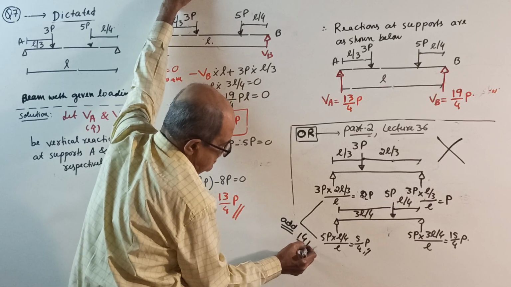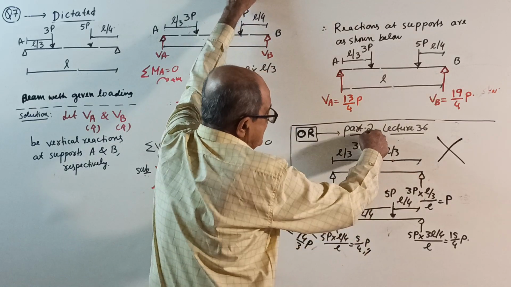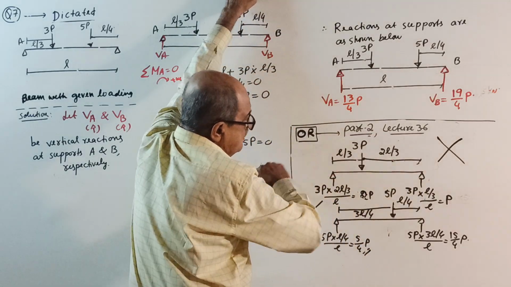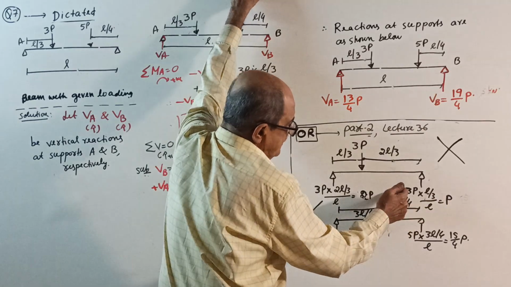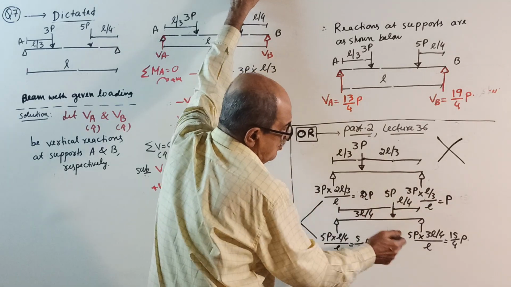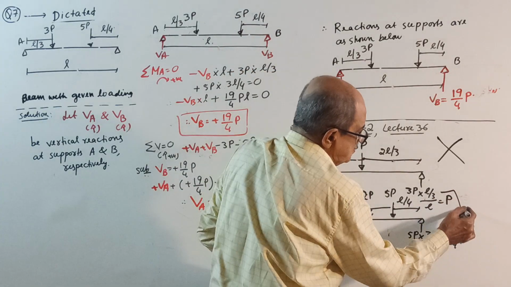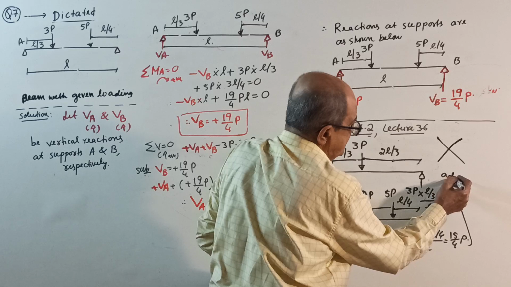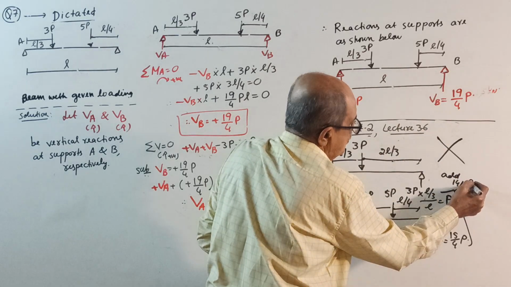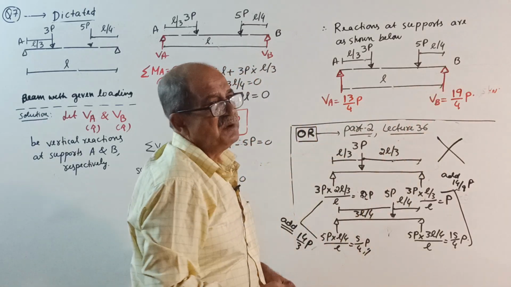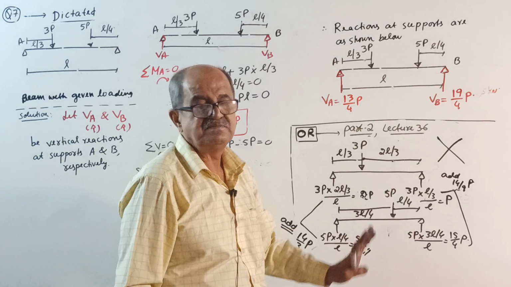Here, this reaction: 3P into other distance, L by 3 by L, that will come P only. Other is 5P into 3L by 4 by L will come 15 by 4P. Again add these two, you will get 19 by 4P. That is same answer as that one, but not advisable. Better not go for all these things.